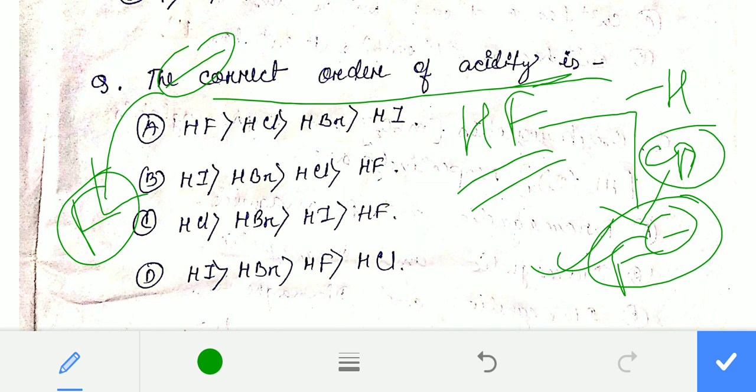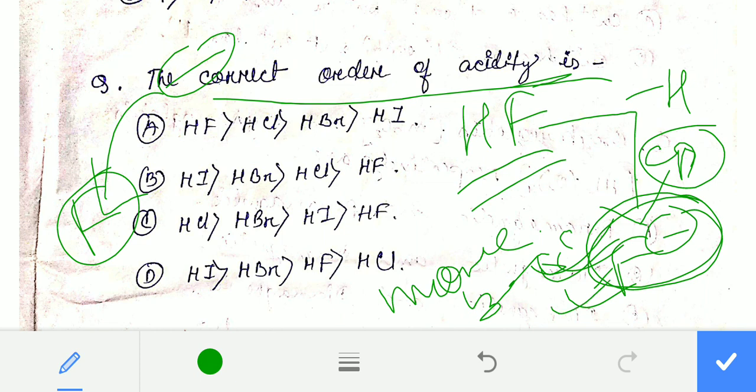That means it is more reactive, or you can say it is a more basic compound. Now we know that for a compound which is more basic, its conjugate acid, that is HF, will be the least acidic.